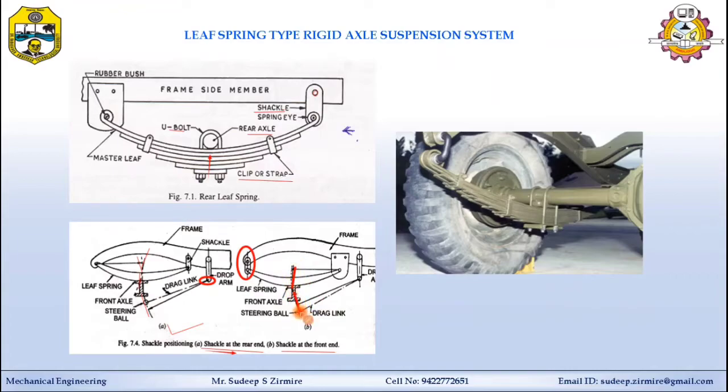Okay, here the wheel is rotating about this first center, about this fixed bracket, and second, this drop arm. So in that case there is less vibration, or it minimizes vibration, or negligible vibration. So the shackle should be mounted at the front side. It is the best design for the vehicle for suspension purposes.